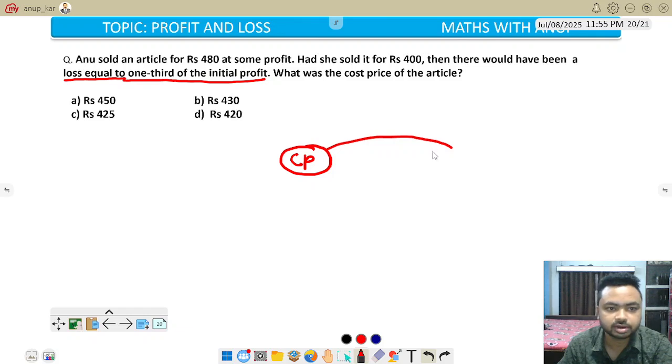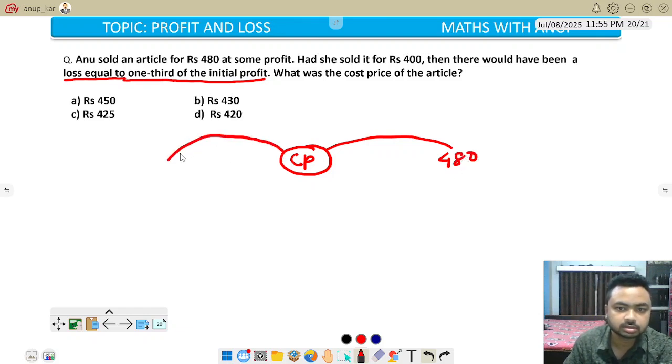Article sold at 480, whatever be the profit we will write on the right side, and whatever be the loss is at 400, means had she sold it for 400, then there would have been a loss equivalent to 1/3 of the initial profit. So these 400 and 480 both are selling price.